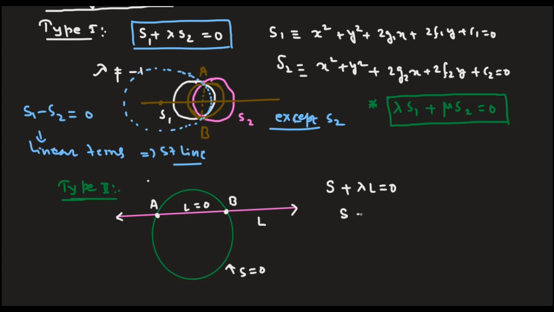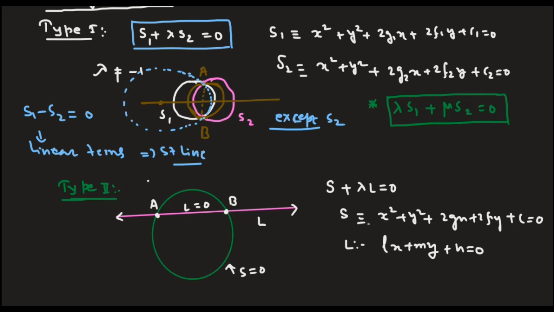So we consider S equal to, suppose the standard form, x square plus y square plus 2gx plus 2fy plus c equal to 0, and L you can take as ax plus by plus c equal to 0. But here both are c, so I am just changing the variable. Instead of ax plus by plus c, I am taking lx plus my plus n equal to 0. So this is my equation of the line and this is the equation of the circle.